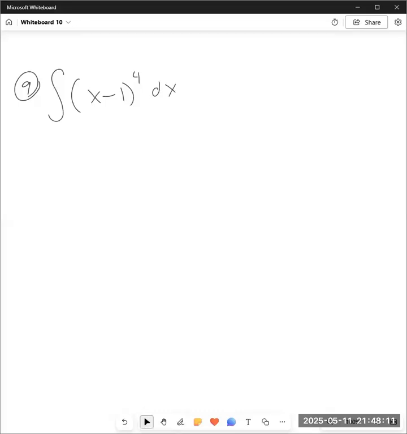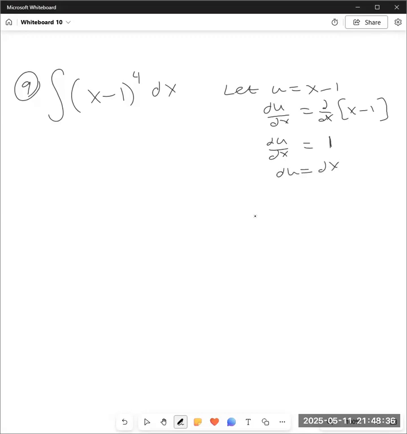If I was going to try to use u substitution here, I'd let u be my inner function, x minus 1, and then du dx would be the derivative with respect to x of x minus 1. Du dx would be 1, and so du would be equal to dx.